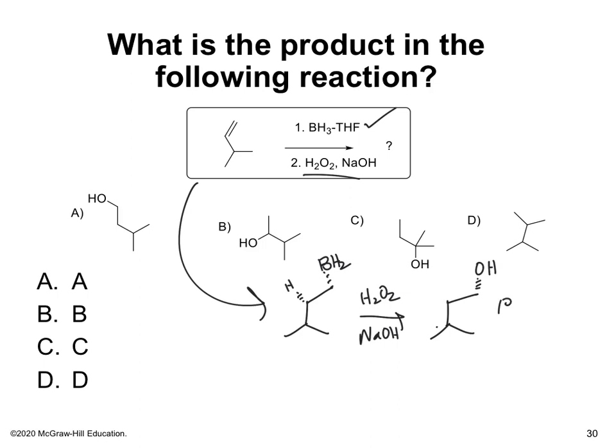So that's a primary alcohol. You can see there's no alcohol there. That one's tertiary. This one's tertiary. This one's secondary. This is primary. And then count your carbons: 1, 2, 3, 4, 5. 1, 2, 3, 4, 5. A is your answer.